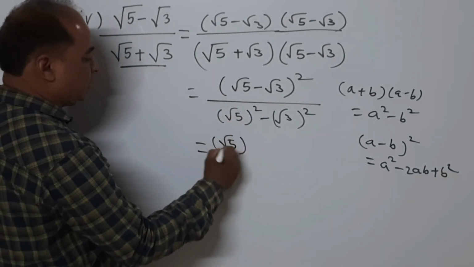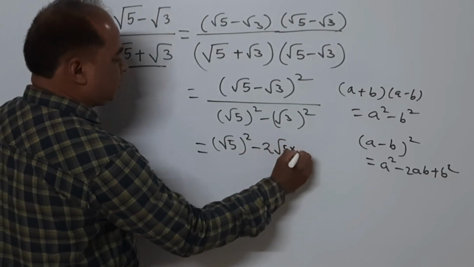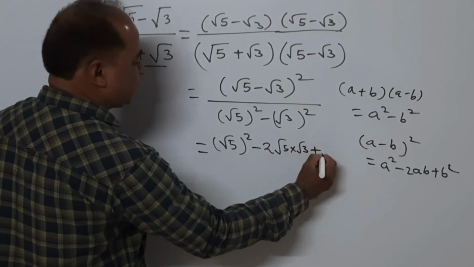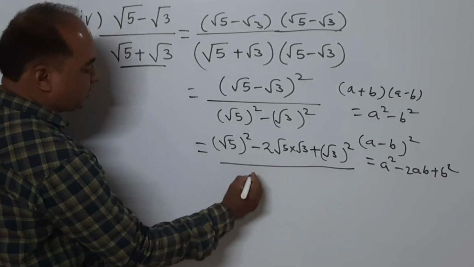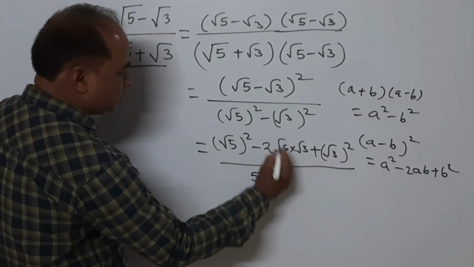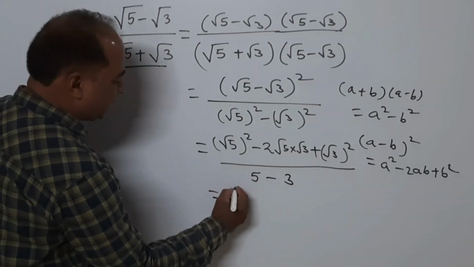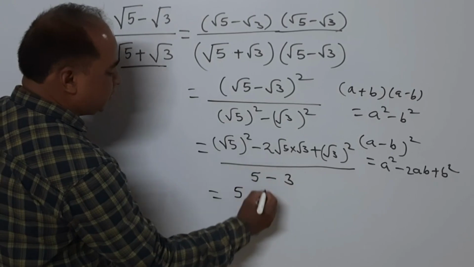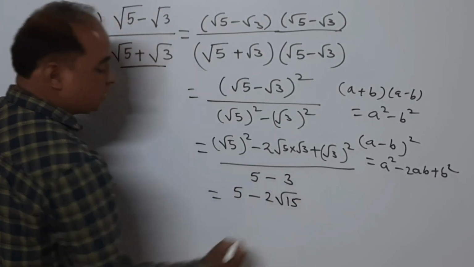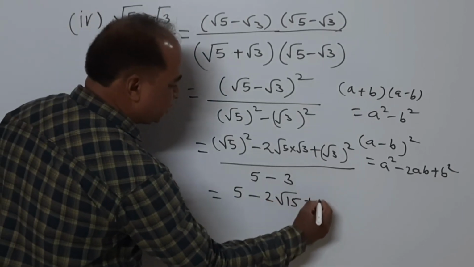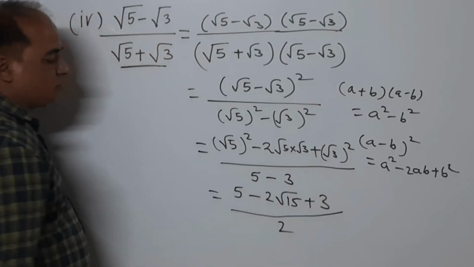So root 5 square minus 2 times root 5 into root 3 plus root 3 bracket square upon root 5 square is equal to 5 minus root 3 square is equal to 3, which is equal to root 5 square, again 5, minus 2 root 5 into root 3, that is root 15, plus root 3 square is equal to 3 upon 5 minus 3 is equal to 2.